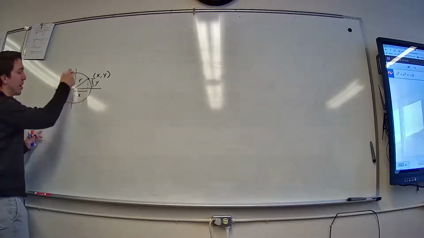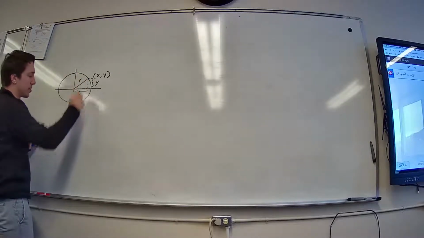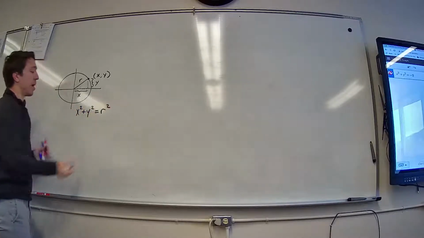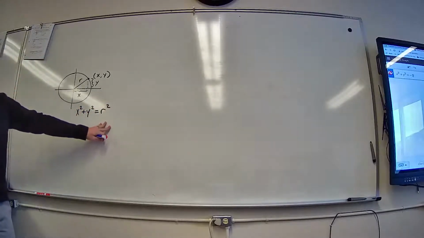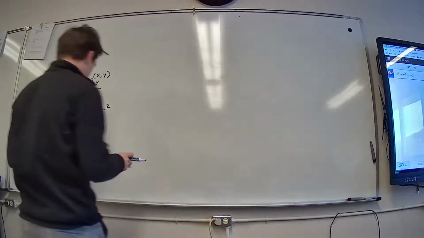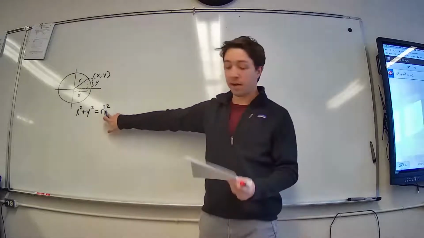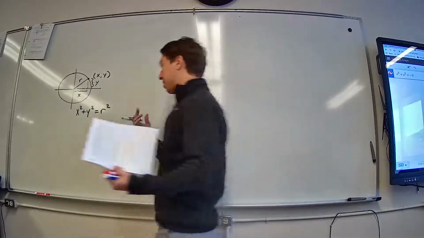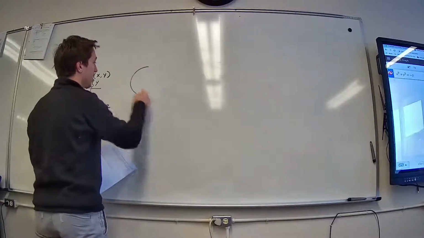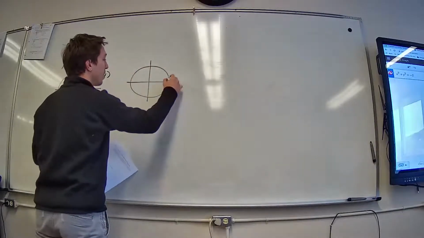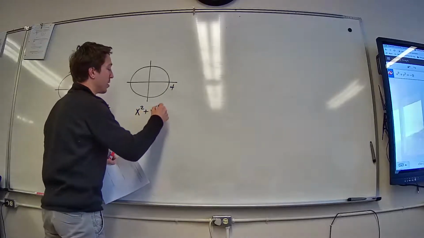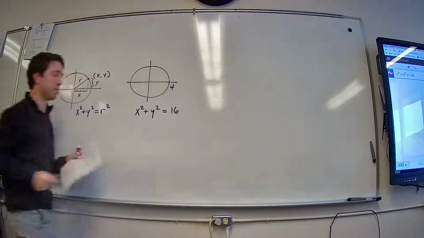So it would be true for any point on this set of points that x squared plus y squared equals r squared. So anytime you see an equation of that form, you want to think, oh, that's describing a circle. Like Trey said, this r here, in this case, r squared is 16, so r is 4. So this curve is describing this circle, x squared plus y squared equals 16.